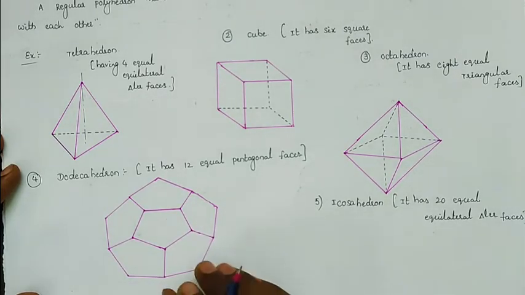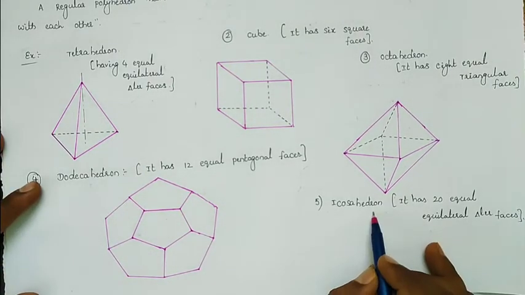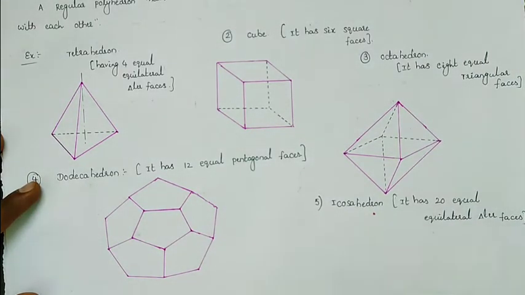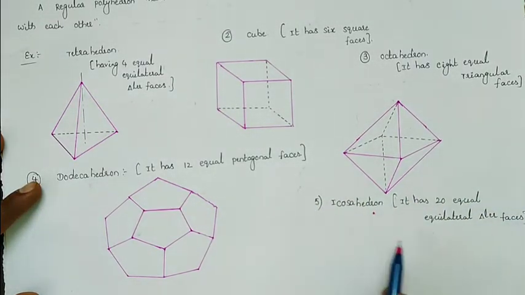Totally it has 12 equal pentagonal faces. So that is about the dodecahedron. The icosahedron is one type of regular polyhedron which has 20 equilateral triangular faces. That type of polyhedron we call the icosahedron.